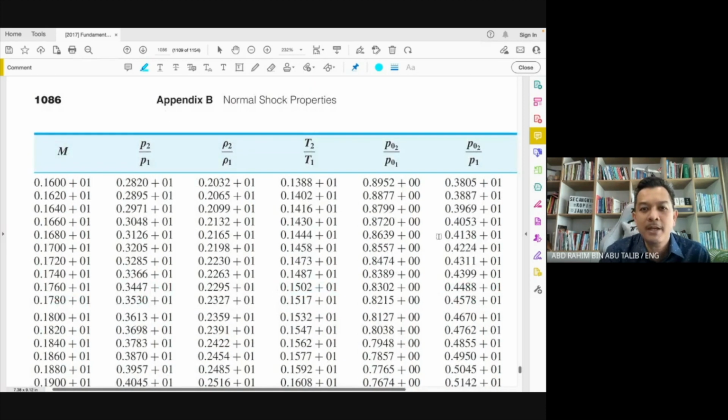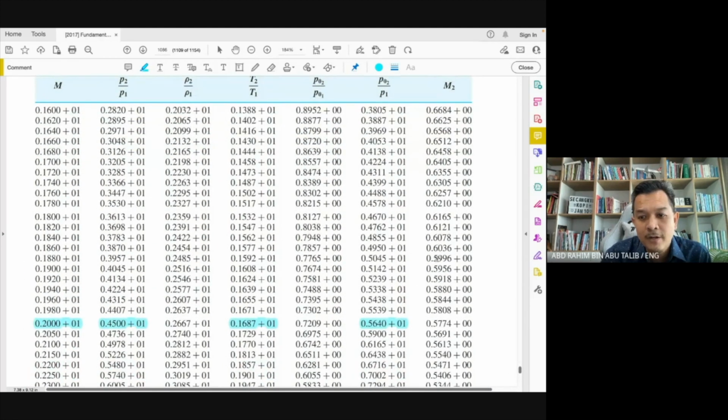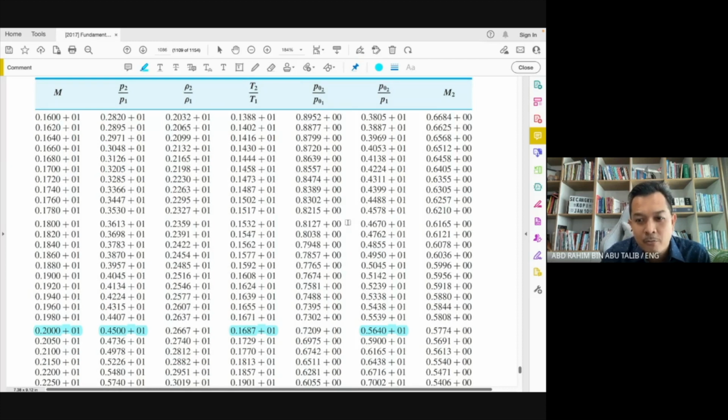So meaning that each time you are trying to solve, sorry, this is not the right one. Okay, delete this one. So this is the correct one, and this is the M2.